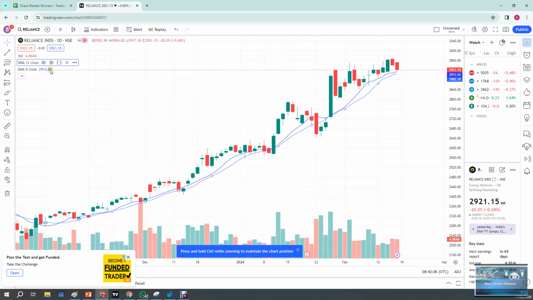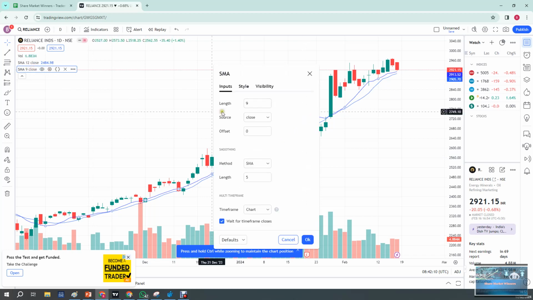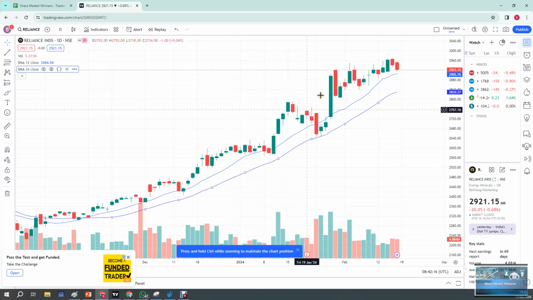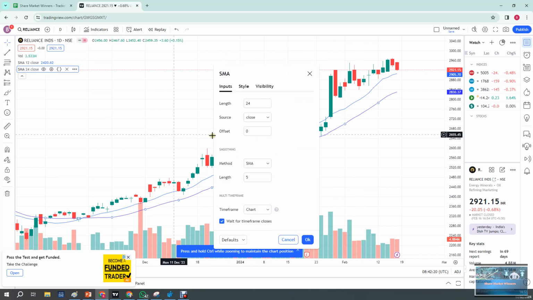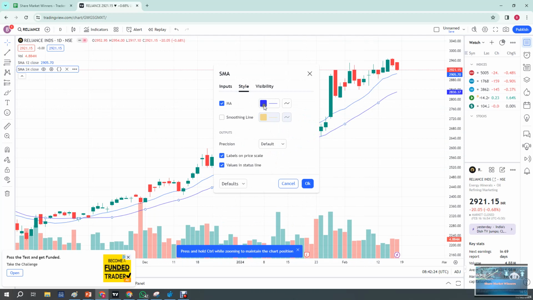Okay, and then for the other one I will choose 24. So you can see in the background there is a change in the line drift which happened because we have chosen the length.